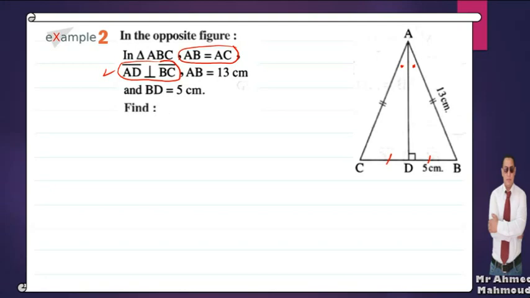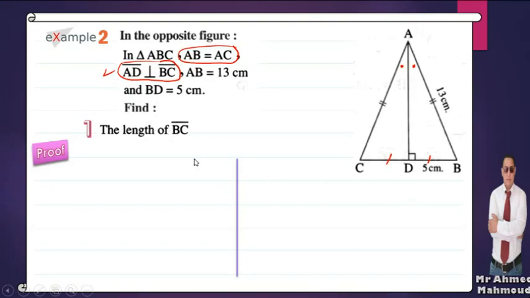Okay, now we need what? Number one, find the length of BC. BD equals 5, and CD also equals 5, then BC equals 10 centimeters. Okay, I'm going to write this one as a proof.